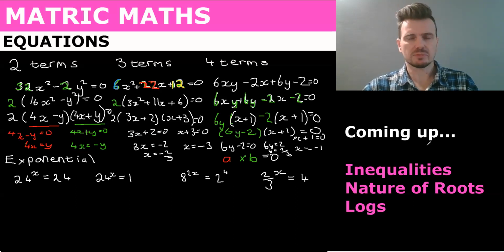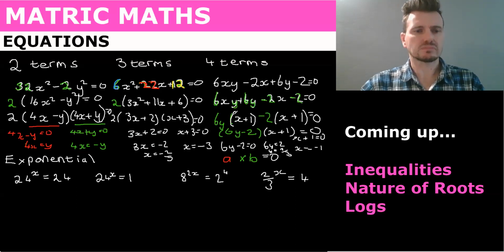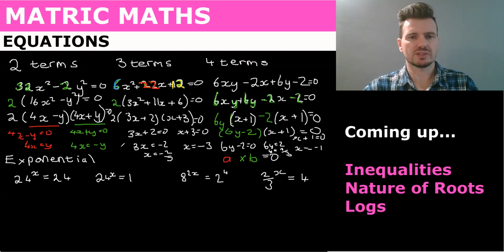Now, let's look at exponential equations. With an exponential equation, what you need to do is get the bases to be the same. These first two already have bases that are the same. It's just to know that when you have 24, you have 24 to the 1, because if there's no exponent there, you know that the default is a 1.